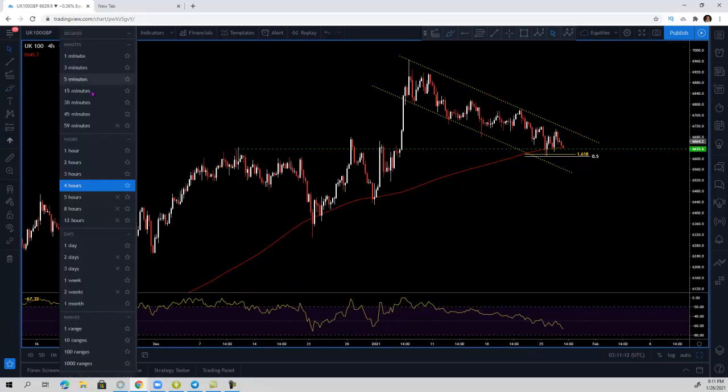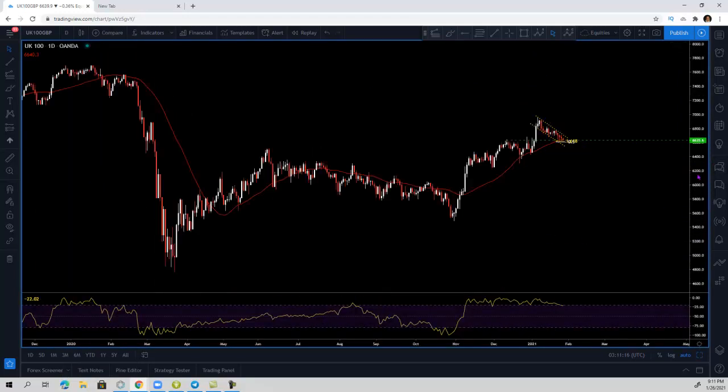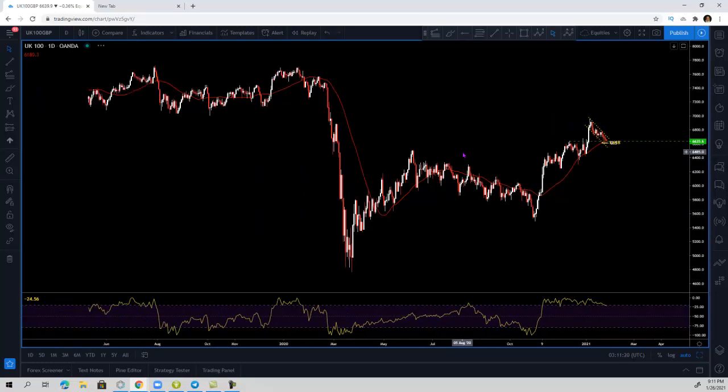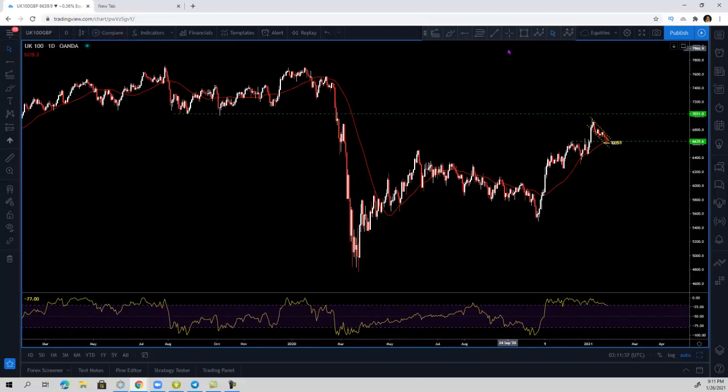So let's look at the daily, and let's look for targets to the upside. Why are my targets where I put them? I think it's around the 7,000 or 6,900 level, I don't remember, but you need to look at historic price action.